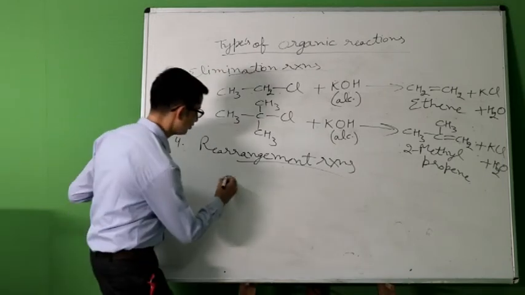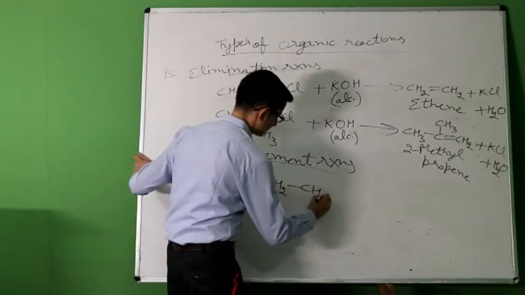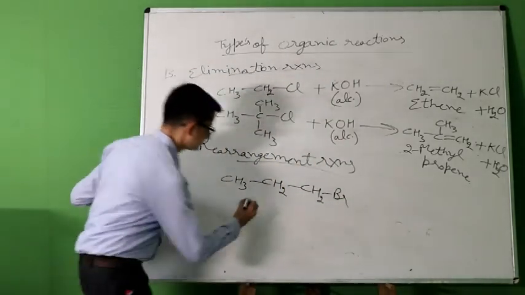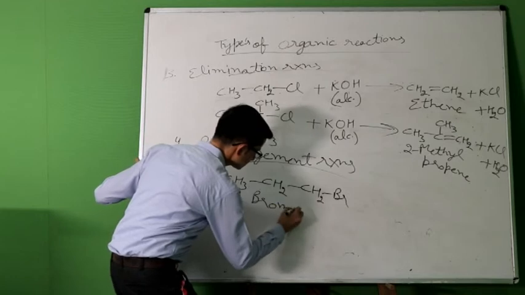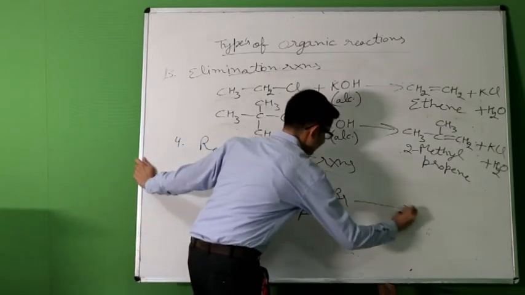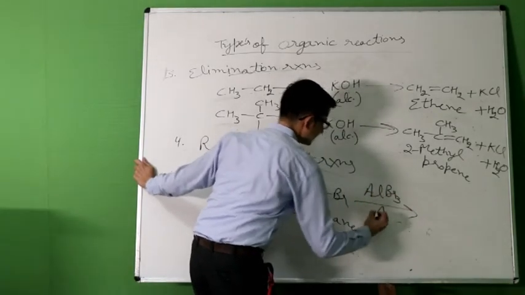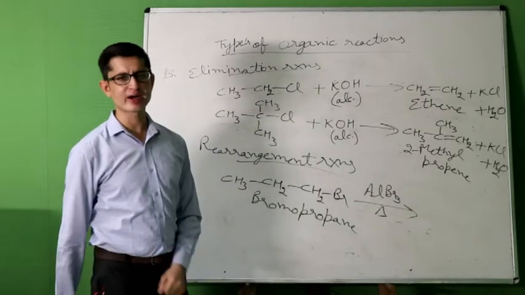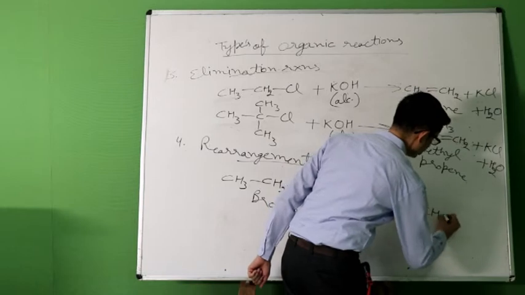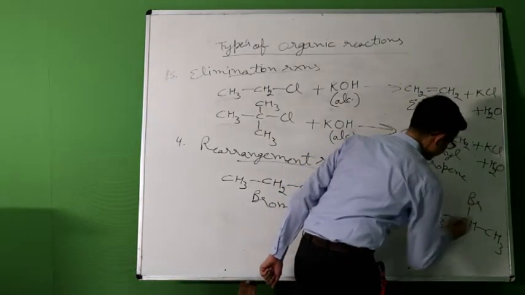Like, let's say we have the example of 1-bromopropane. In presence of aluminium bromide as catalyst at high temperature, nearly 575 Kelvin, the product formed is 2-bromopropane.